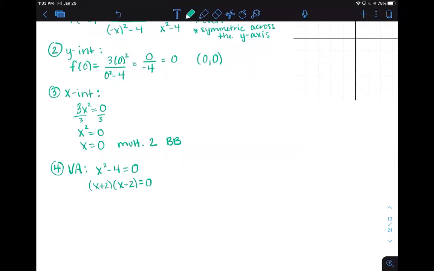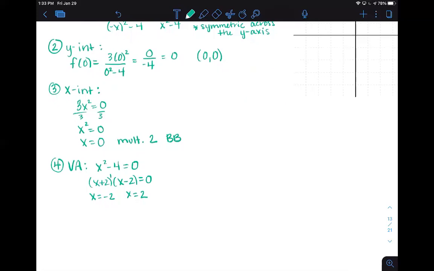So what does x equal? Good, so x equals -2, x equals 2. And just since we've been talking about it, what's the multiplicity of each of those? Just 1. There's a 1 outside of both of these parentheses, which means our multiplicity is 1.